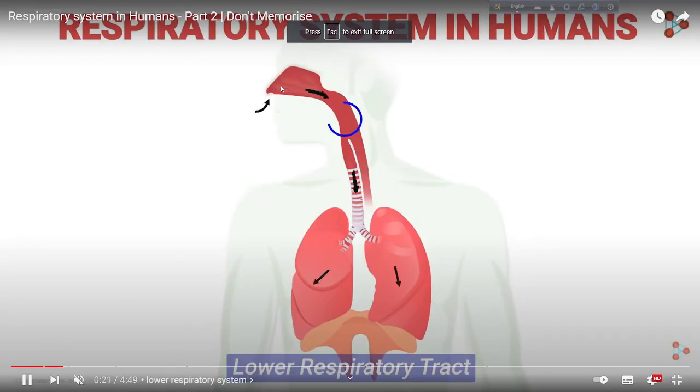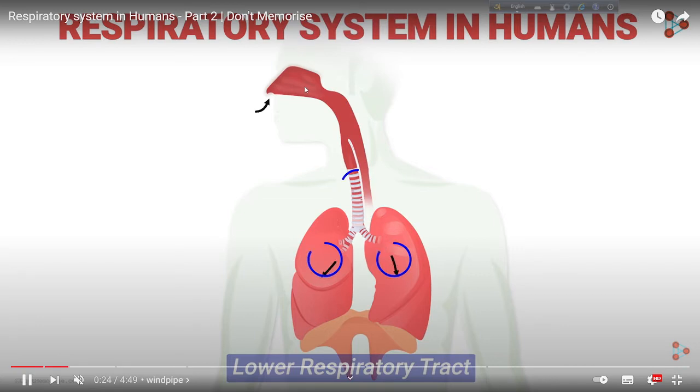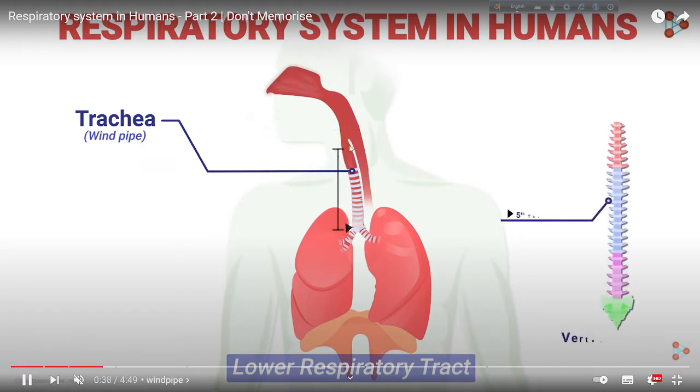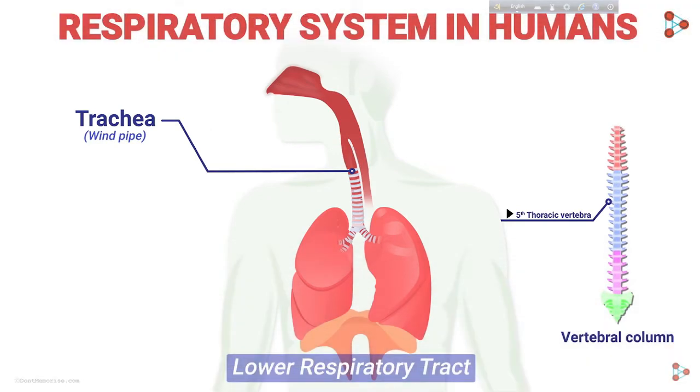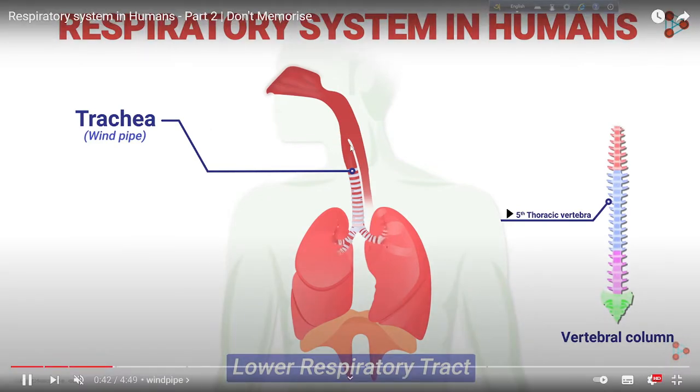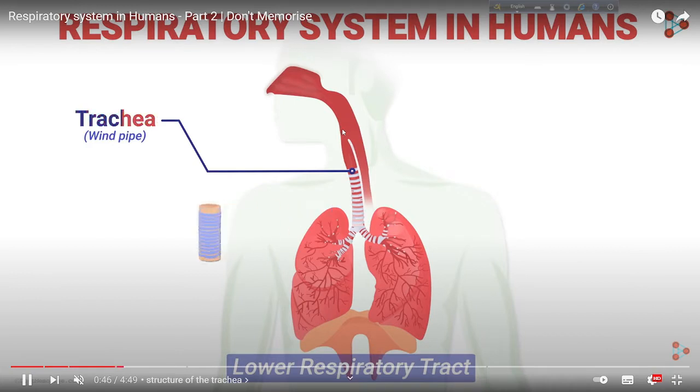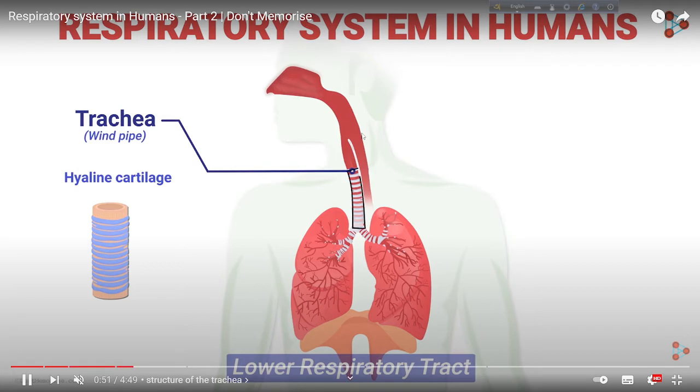This is the nostril or nasal cavity, and the nasal cavity is a triangular shaped cavity placed above the buccal cavity. It runs from the nostril to the pharynx, and a thin membrane separates the two from one another.